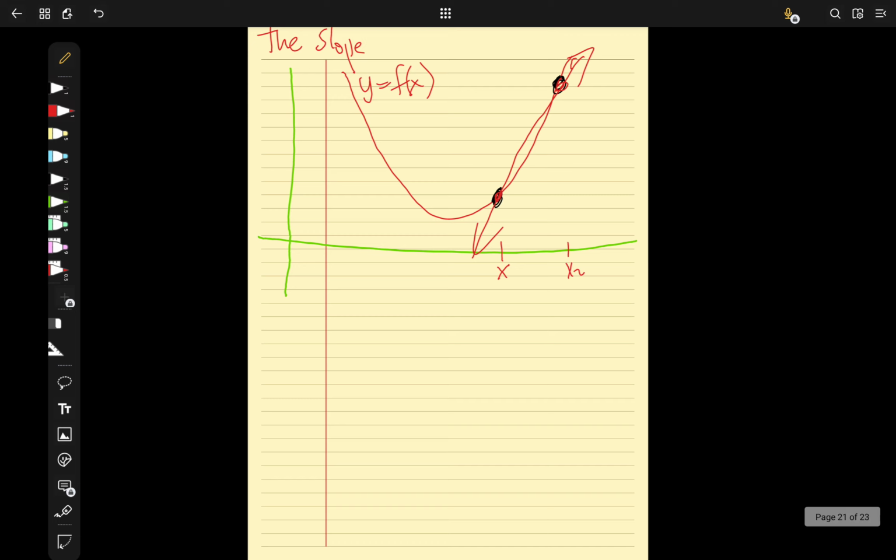Okay? So let's represent x sub 2 with respect to x. So if this is x and yung pagitan niya is delta x, so therefore this x sub 2 is actually x plus delta x. So kung naman to, dagdagan mo lang ng delta x and you will have your second x.